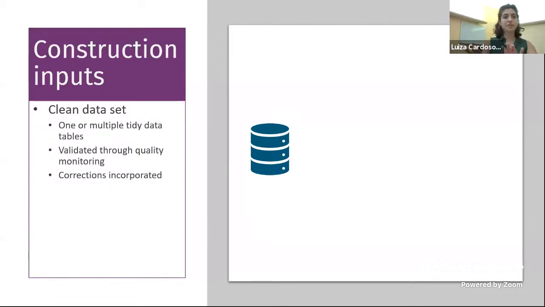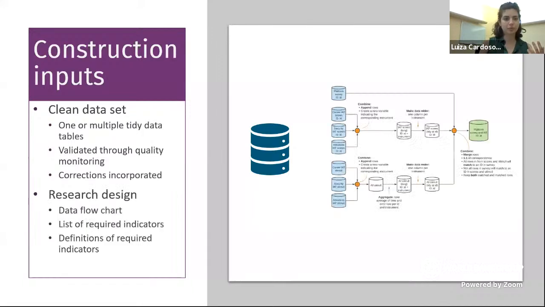Okay, so the first input for construction is the clean data set. The second input for construction is, of course, the research design that we are trying to implement. For construction in particular, the research design inputs that we need are the list of indicators required for analysis, the definition of those indicators, so you need to know what variables you are trying to create, and the data flow chart that we have discussed in chapter 3.